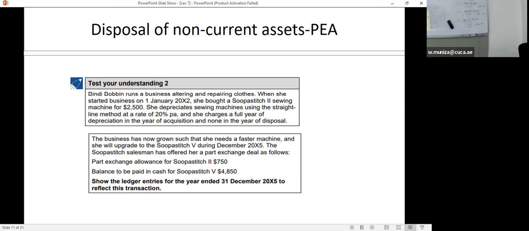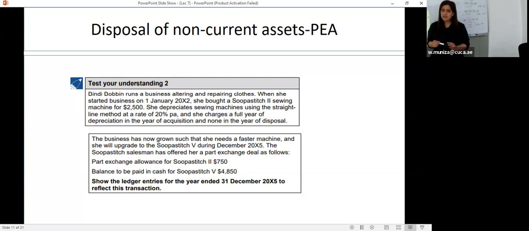Clear, students? This is what we are going to do. And the first three accounting entries are also going to be passed. What are the first three accounting entries? When the disposal account is opened, debit disposal account, credit non-current asset cost account.